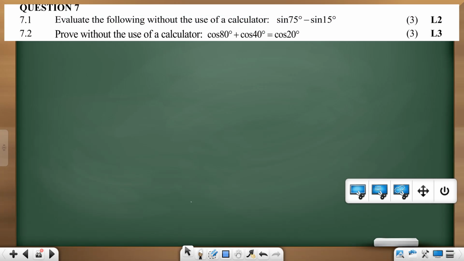Remember, guys, the examiner is saying without the use of a calculator, and when they say that, special angles should come to your mind. I'll do the first one for you. Sine 75 degrees minus, but the examiner says without the use of what?